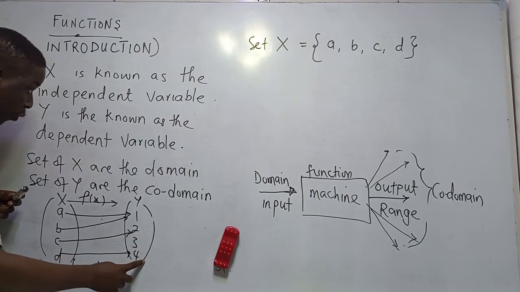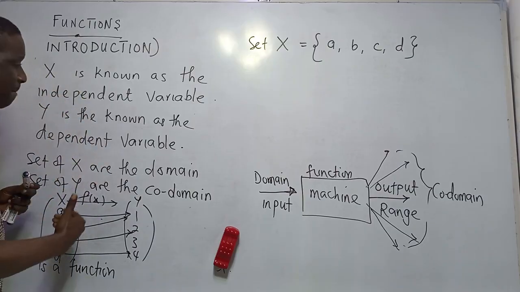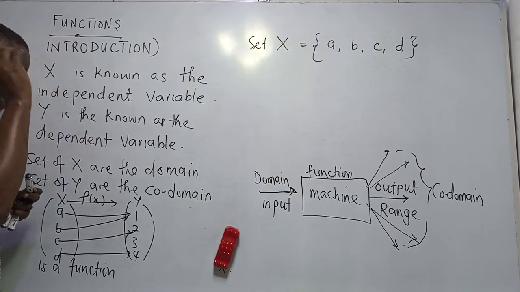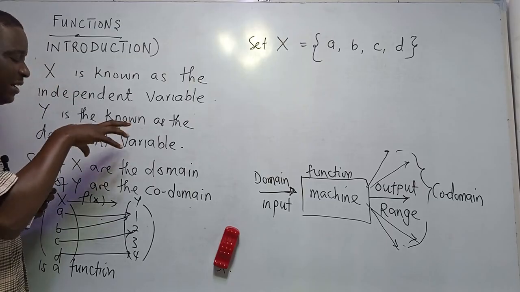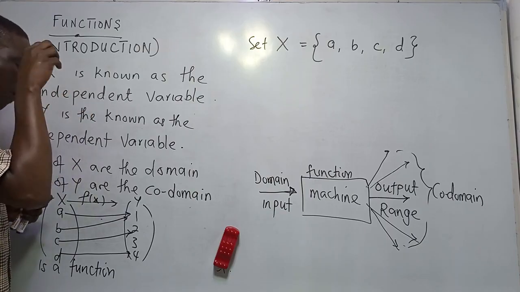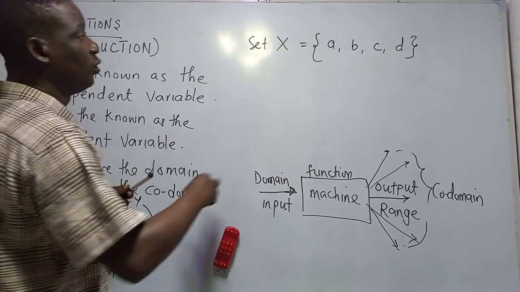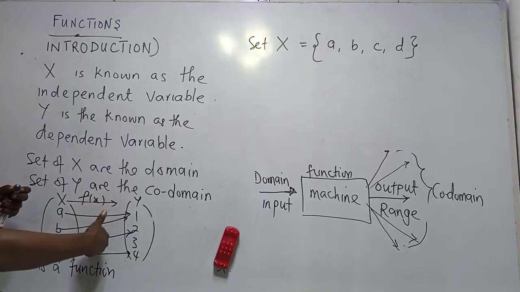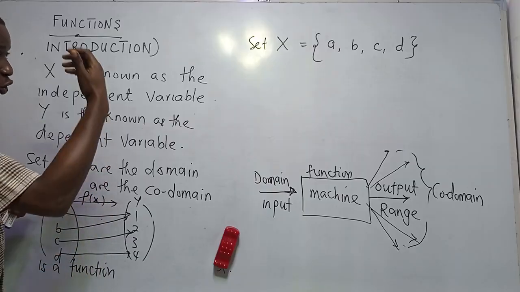Image of D is 4. So each element of the domain has a unique image in the codomain. So this particular relation can be called a function.